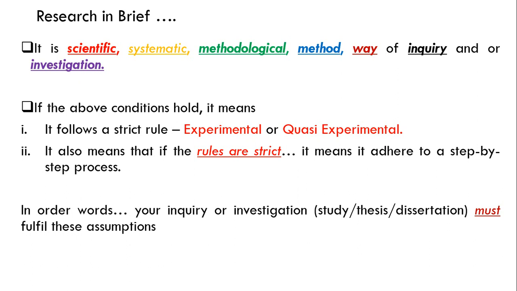Research is also systematic in nature, and of course, there are methodologies that must be followed, or methods or ways to inquire, and of course to make research investigation. So in that wise, we'll say that research is scientific, is systematic, is methodological, it involves methods and ways of inquiry and or investigation.